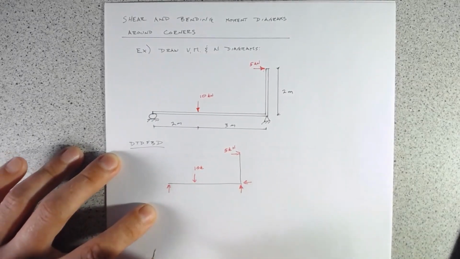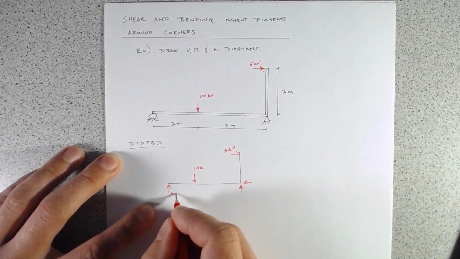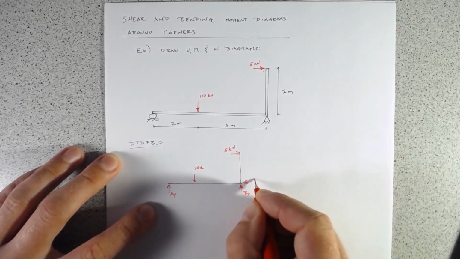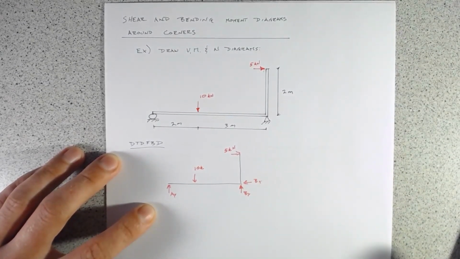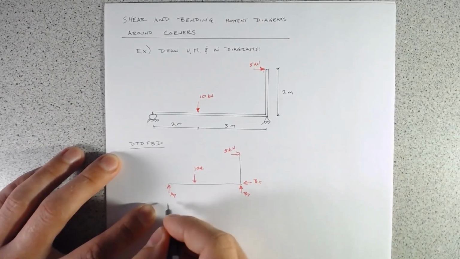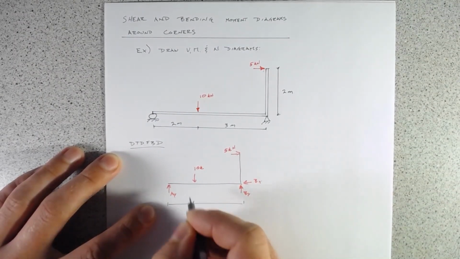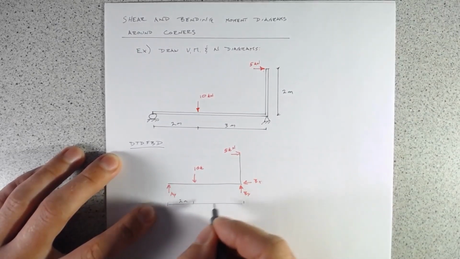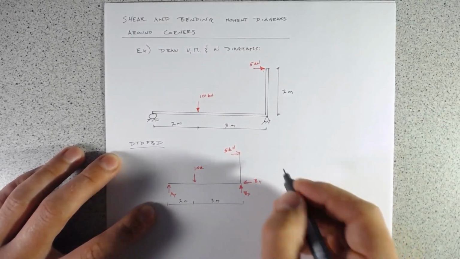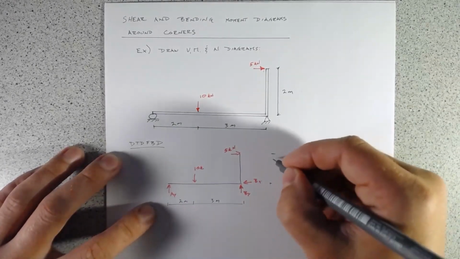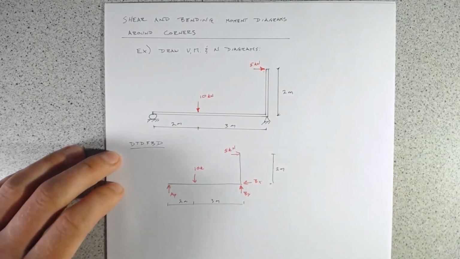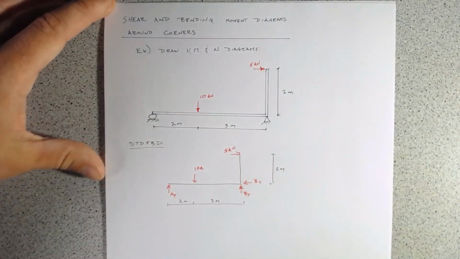We're going to call the left-hand reaction AY, and the right-hand ones BY and BX. Let's put some dimensions on here so that we can work through the statics. The 10 kilonewton load is acting 2 meters from AY and 3 meters from BY, and the 5 kilonewton point load is acting 2 meters above the pin reaction.